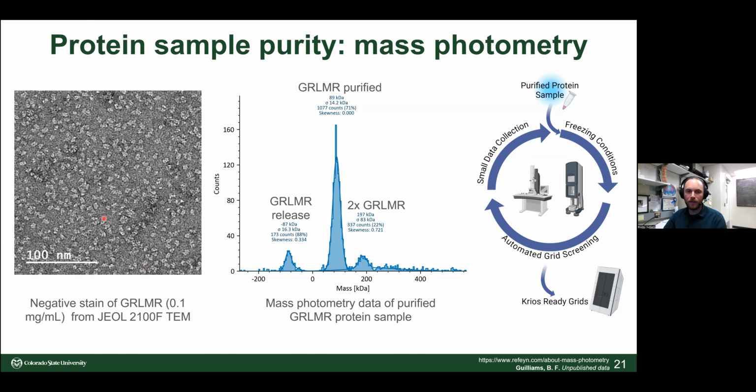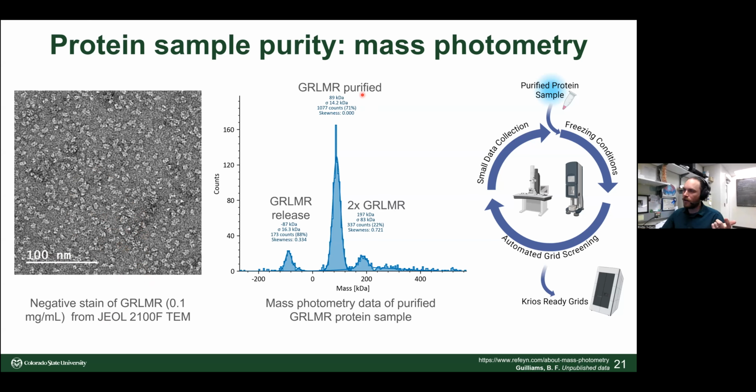Things looked okay. We had some biochemistry showing that our protein is purified, but this is pretty trivial for us because this is a protein that we've been working with for a long time, and we use our purified protein in lots of different assays. So there's not really an interesting story there for me to tell.